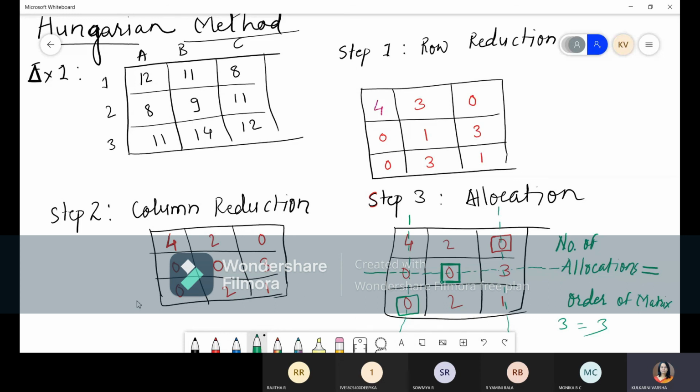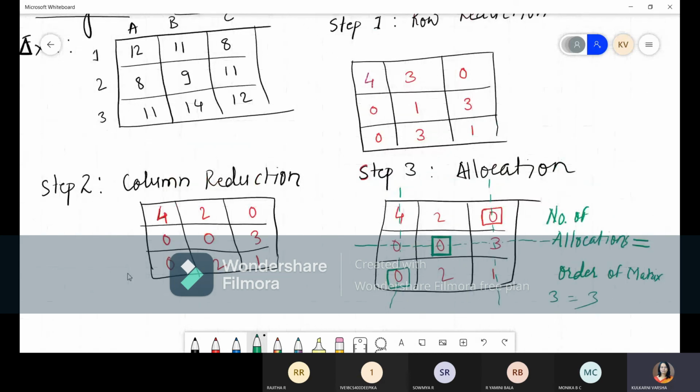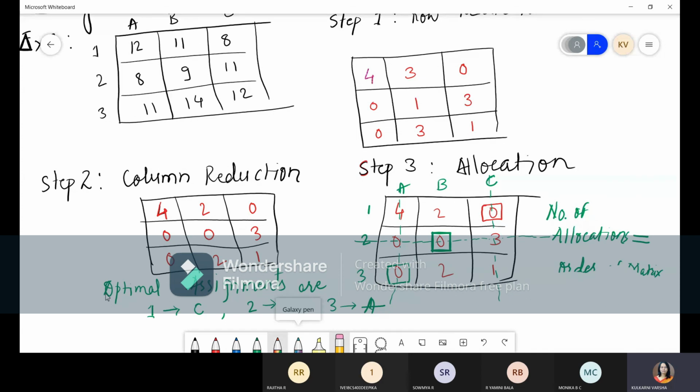What do you mean by the problem is solved? That means this is our job number 1, this is our job number 2, this is our job number 3, and this is A, B, C. That means job number 1 we have assigned to machine C, job number 2 we have assigned to machine B, and job number 3 we have assigned to machine A. So how will we write down the answer for this?